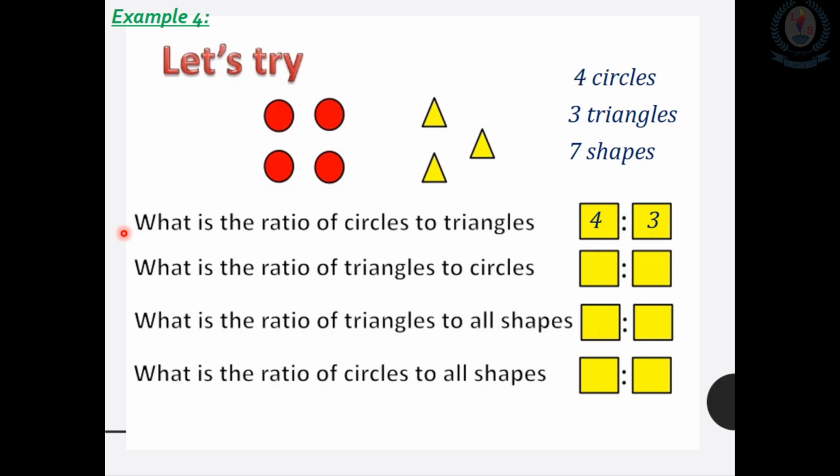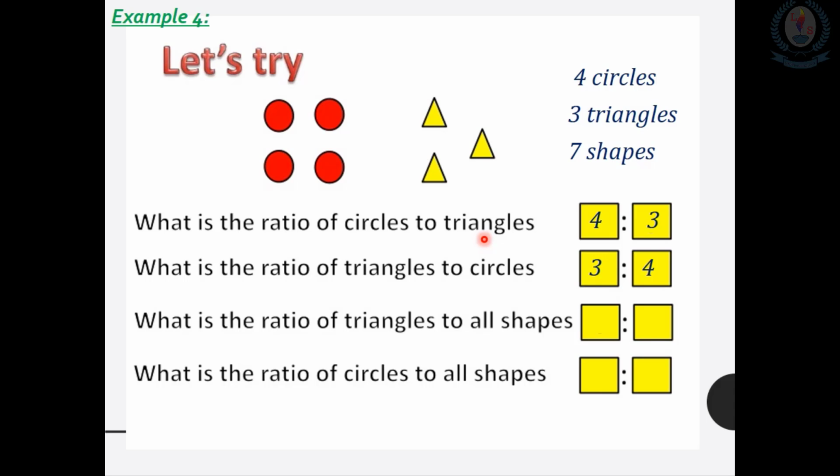Now we'll go to the second question. What is the ratio of the number of triangles to circles? There are 3 triangles and 4 circles. So the ratio of number of triangles to circles is 3 to 4. The third question.